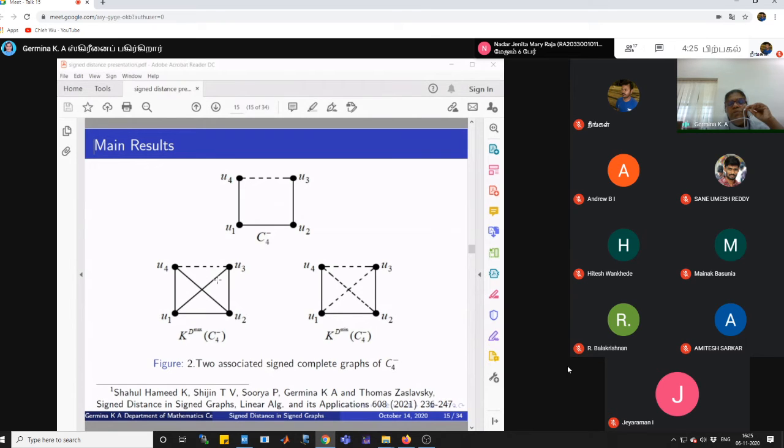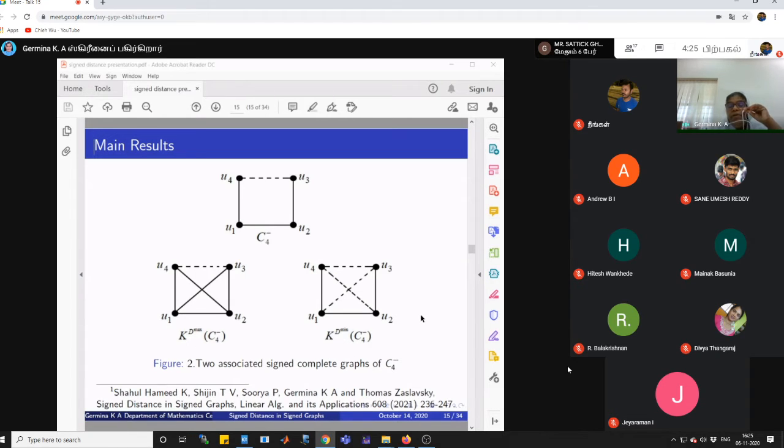Therefore, I join U1, U3 with a positive edge. Similarly, U2, U4 is again positive. So that path is positive, sigma max is positive, so I join with a positive edge. This is K_D max of C4 minus.